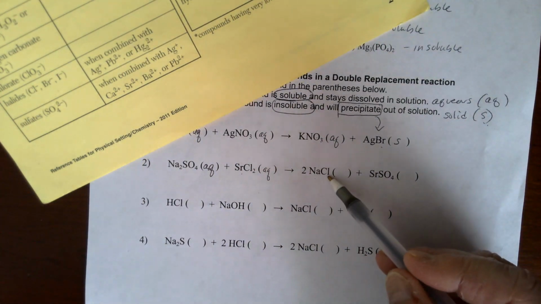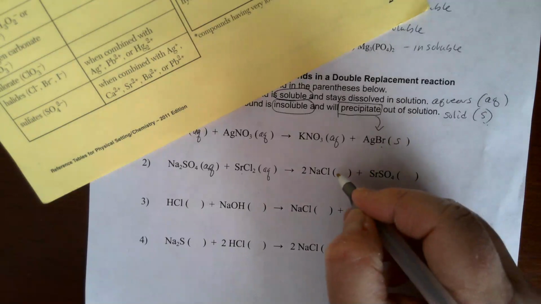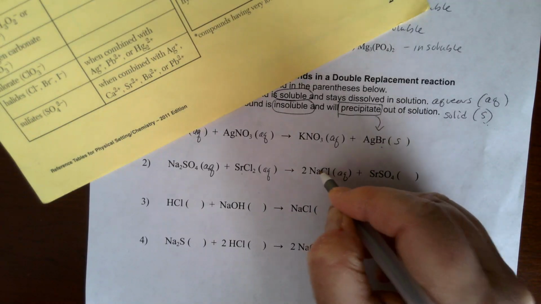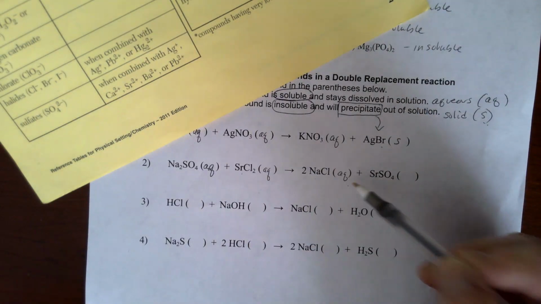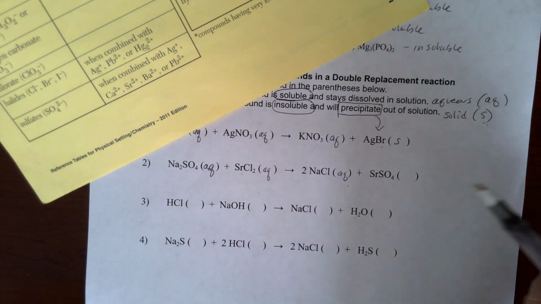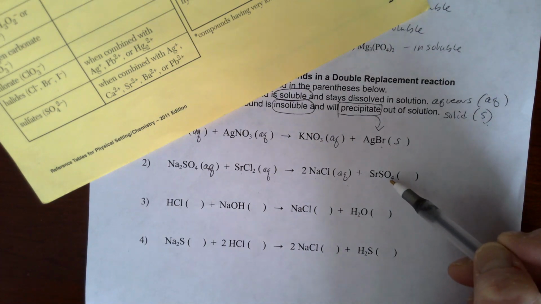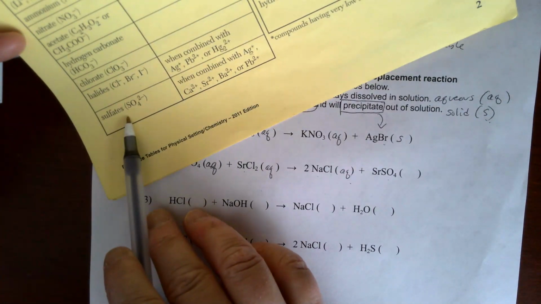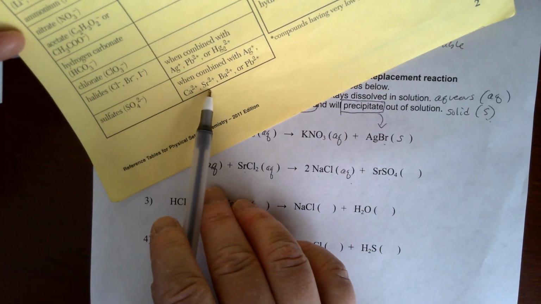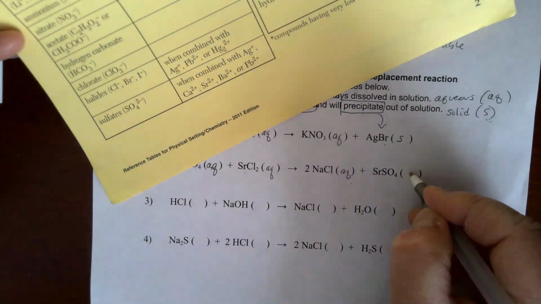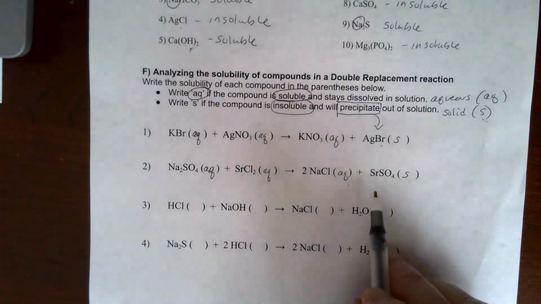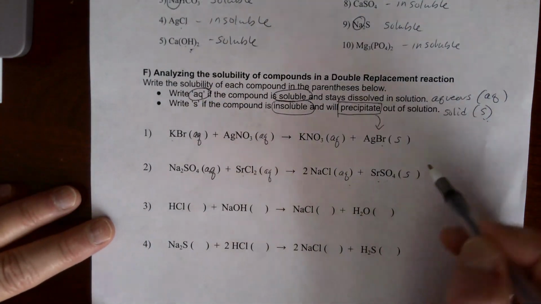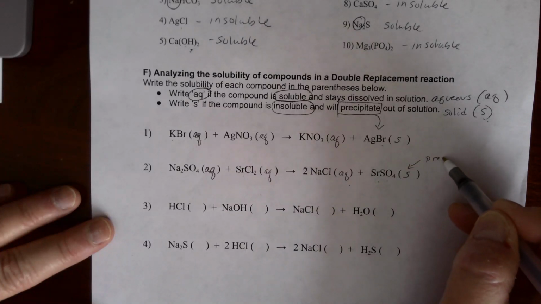When we make new combinations, we're going to have sodium chloride together. Because of the sodium, this is going to stay dissolved, so therefore aqueous. Our next decision is based on strontium sulfate. Sulfate is soluble, except strontium is one of the exceptions, so this will not stay dissolved. This will become a solid, and this will be our precipitate.